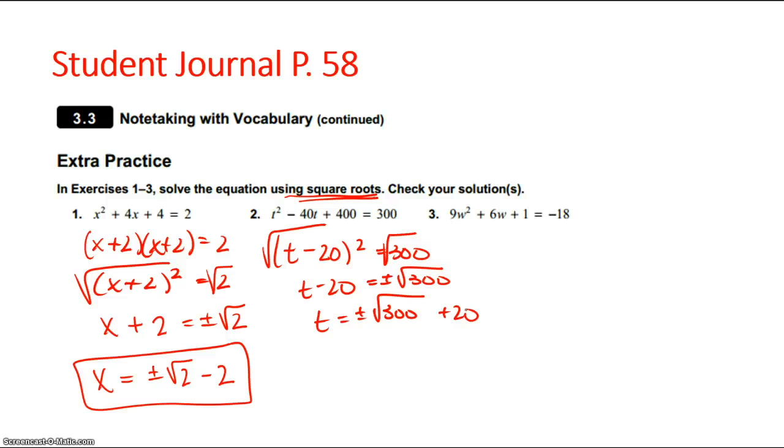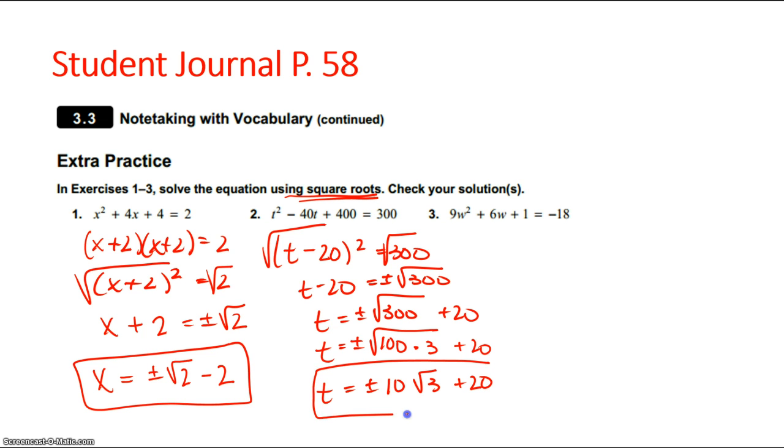Hopefully you're thinking, no way, because 300 has a perfect square in it. The perfect square in 300 is 100, so t equals plus or minus root of 100 times 3, plus 20, and the 100 gets to come out as a 10. So t equals plus or minus 10 root 3 plus 20, and that would be my final answer.